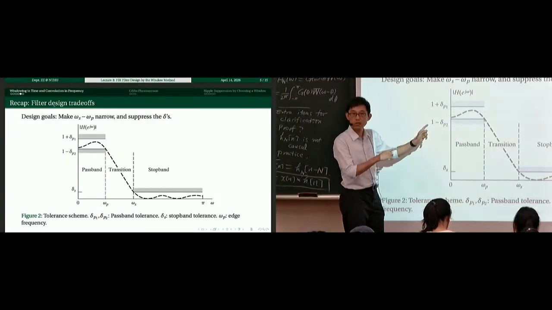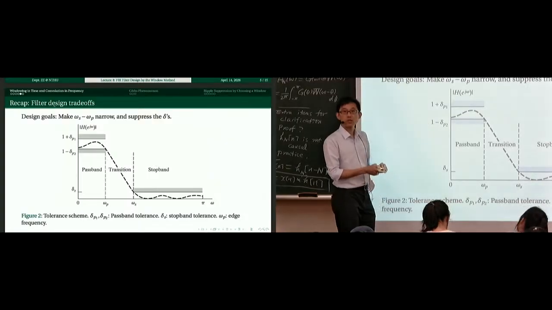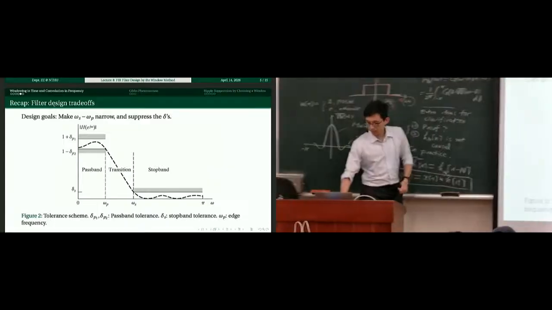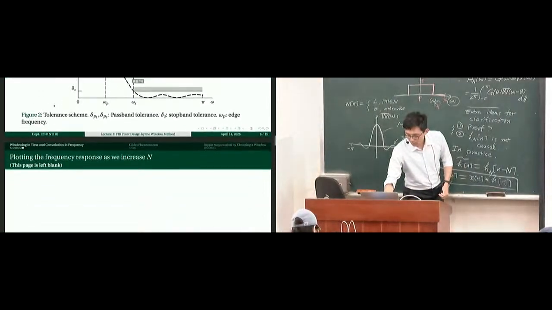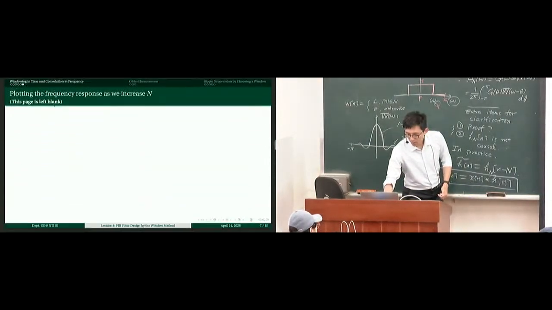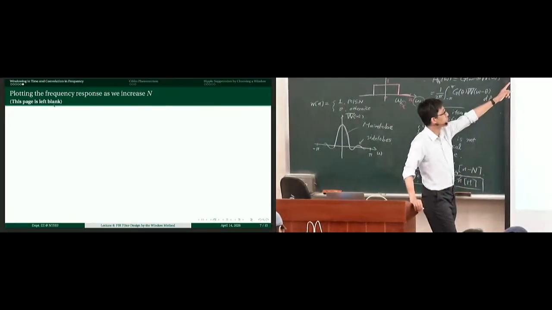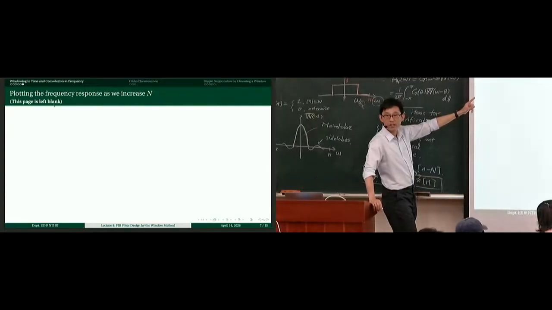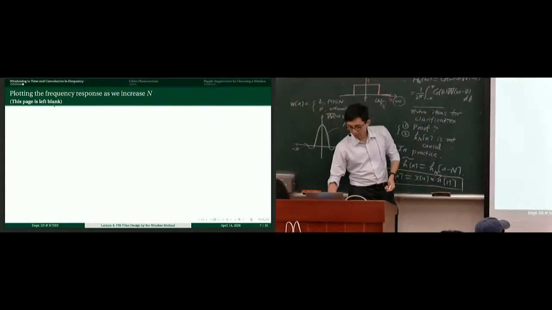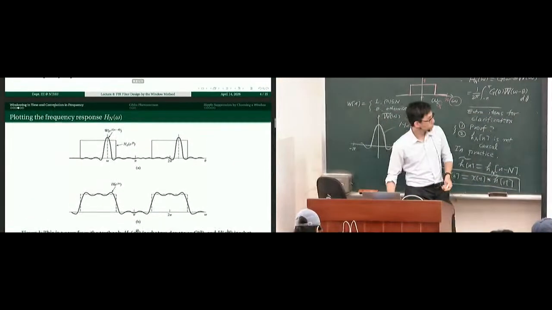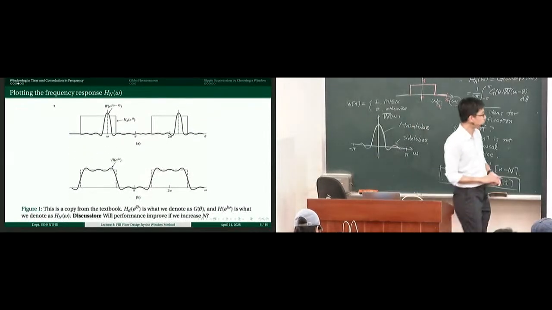Generally, that's the direction that we need to discuss when we come back next week. And I will have an exercise. I will work on plotting the frequency response as we increase n. That will be an exercise for next week. We are going to plot similarly when we increase n.